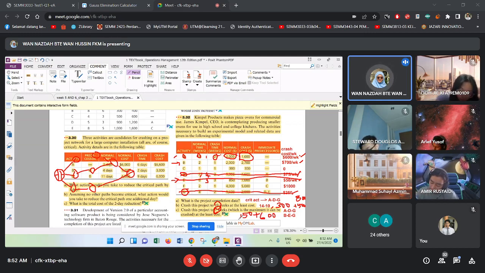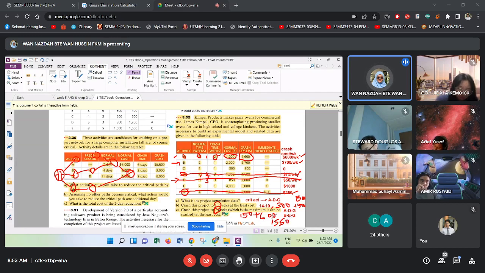But in total, the cost if you want to crash the job from 14 to 7, the company has to bear the additional cost of 800 plus 750, which is berapa tu? 1,550 kan? So total cost is 1,550.